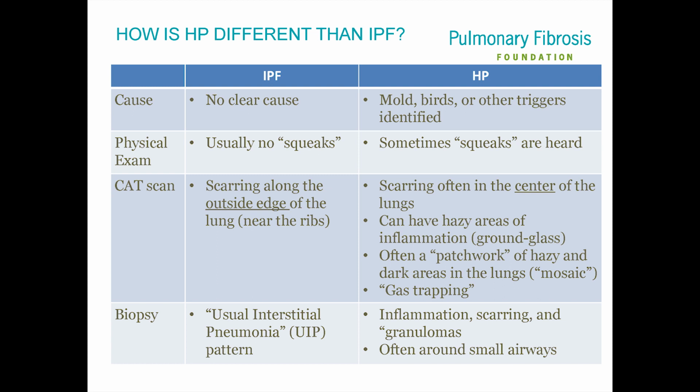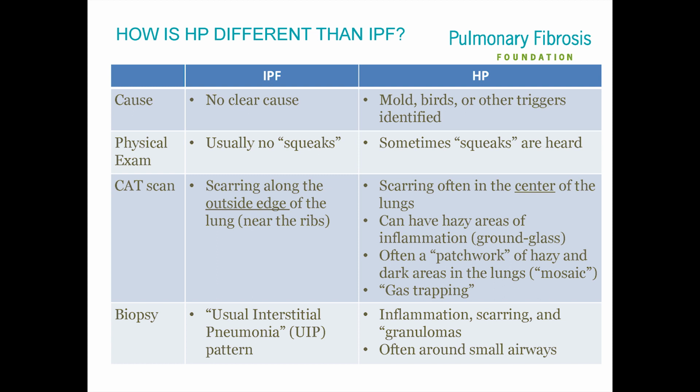A granuloma is simply a certain type of inflammation in the lung or other organs. Granulomas does not always mean HP. There are many diseases that can have granulomas, and I've also had plenty of people who have HP who don't have granulomas, but it can be helpful diagnostically if we see that on the biopsy.